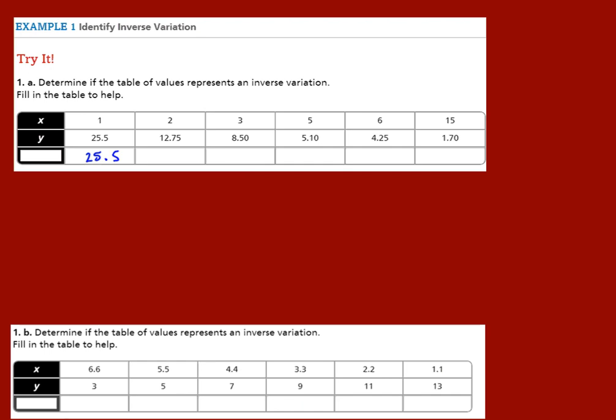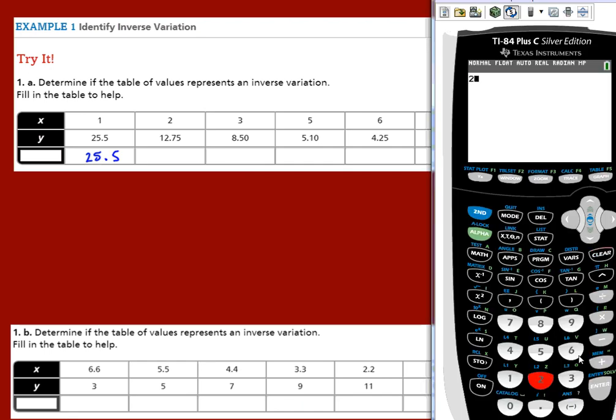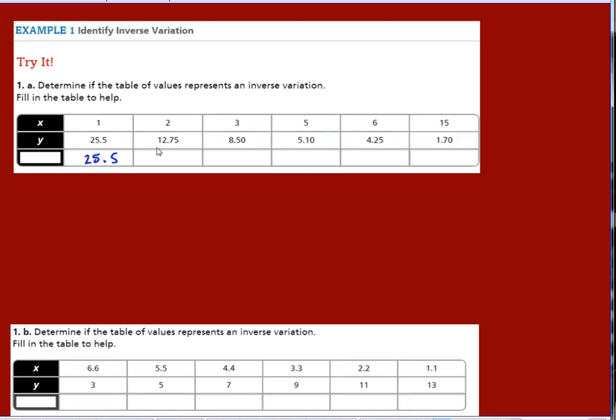So in our calculator, I'm going to do 2 times 12.75, and I get 25.5. That's right. Then I'm going to do 3 times 8.5. That's also 25.5. 5 times 5.1. That's 25.5.